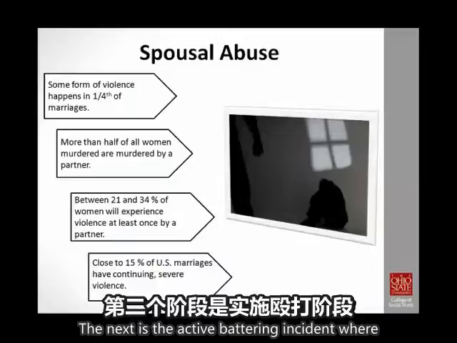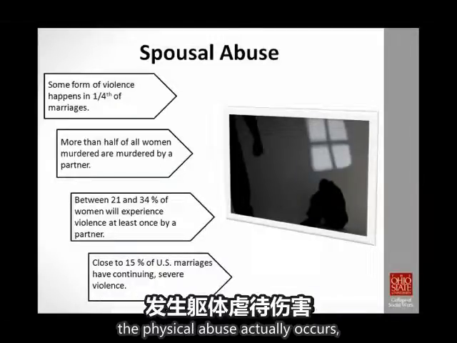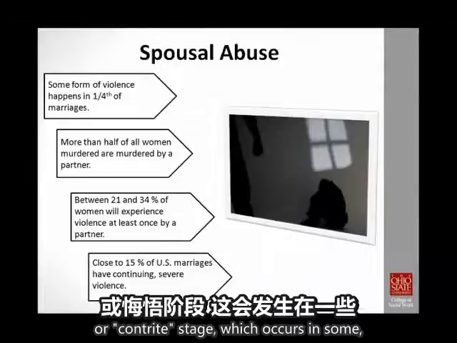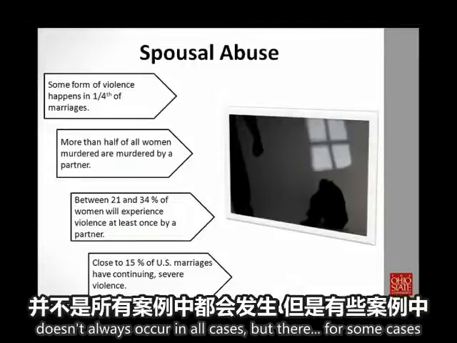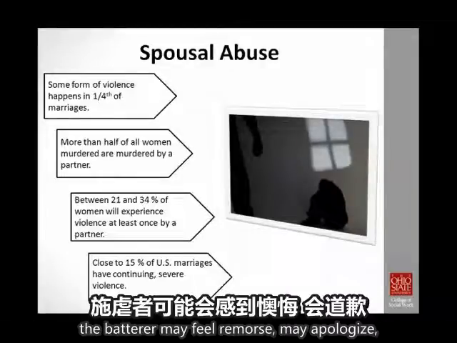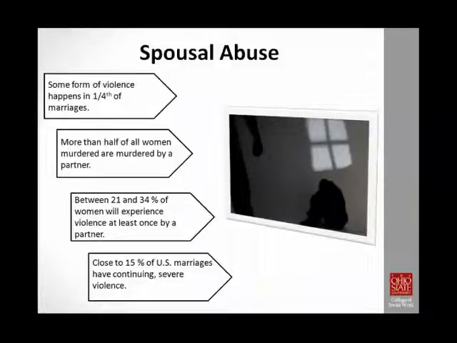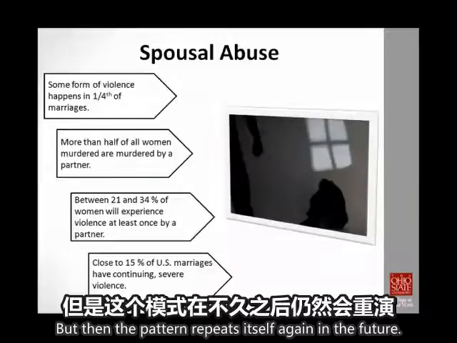The next is the active battering incident, where the physical abuse actually occurs. And then finally there's what she calls the loving or contrite stage, which doesn't occur in all cases, but for some the batterer may feel remorse, may apologize, may even promise that they will never do it again, but then the pattern repeats itself in the future.